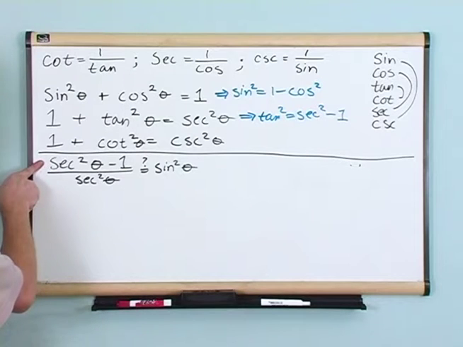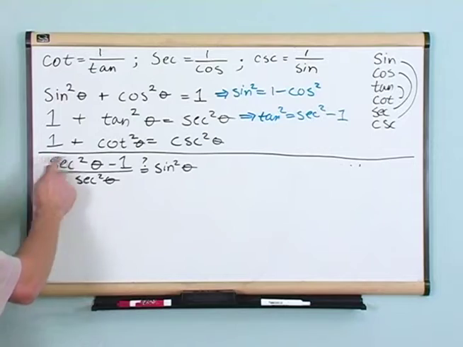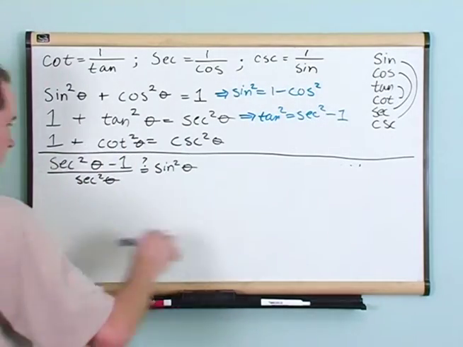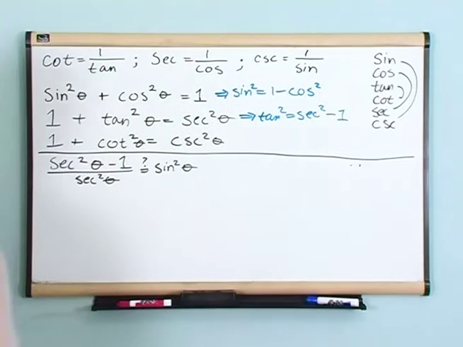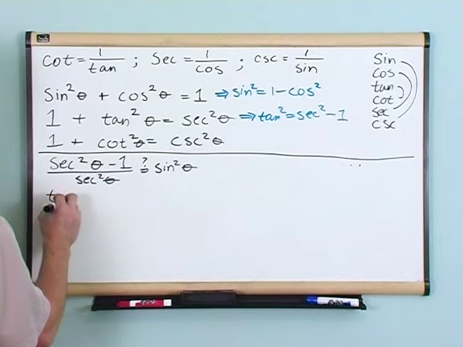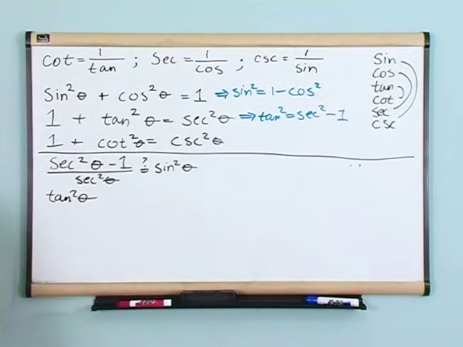Now here I have a secant squared minus 1. So basically in the problem, when you see something obvious like this, that they've given you something that looks like it's using an identity, use it. Most of the time it's going to be the right way to go. So in the top I can just put a tangent squared here, because in fact that's what we said secant squared minus 1 is equal to.